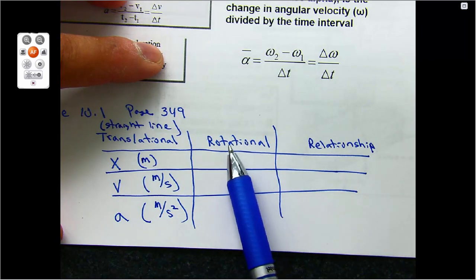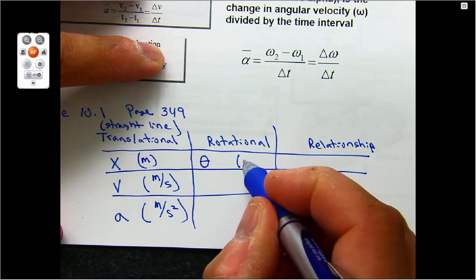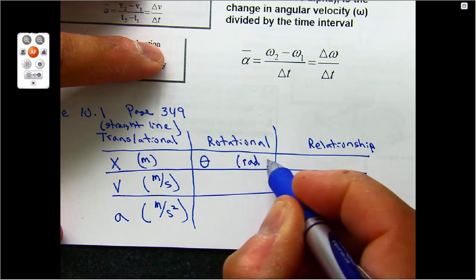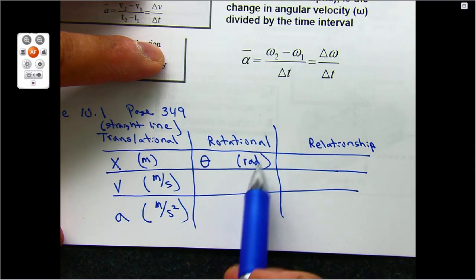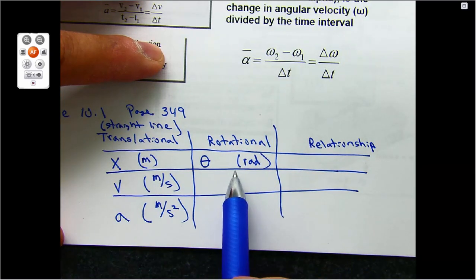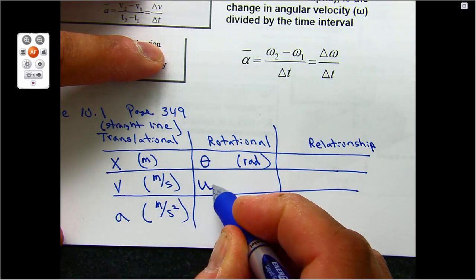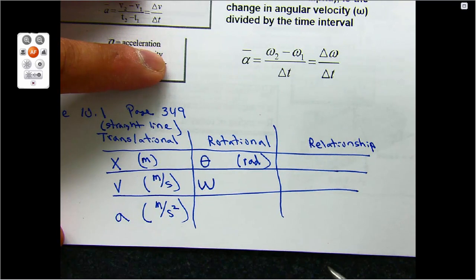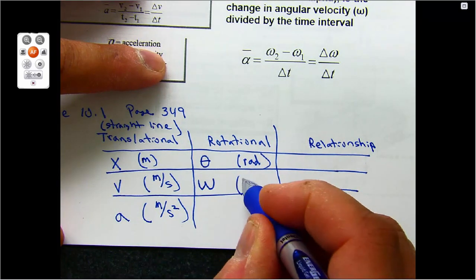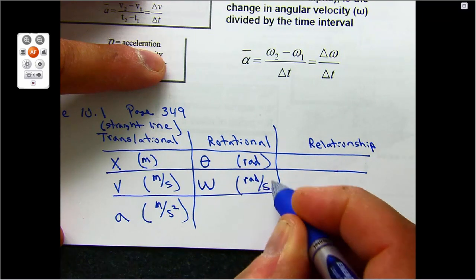My rotational equivalent to distance will be, that would be a distance, right? I swept out so many radians for a distance. My velocity then looks like this. It's a W, a swooping W. If this is in radians, then rotational velocity is going to be how many radians per second you are sweeping.